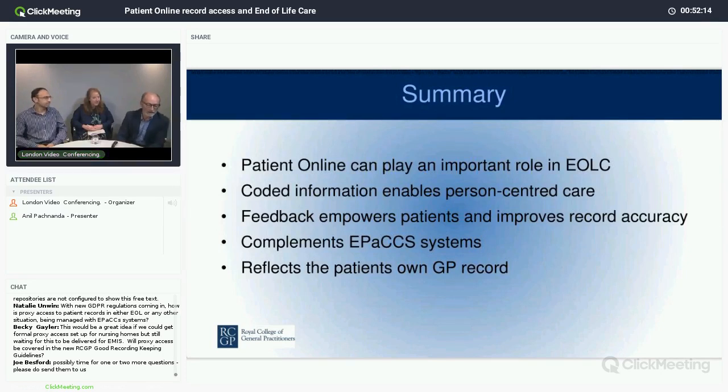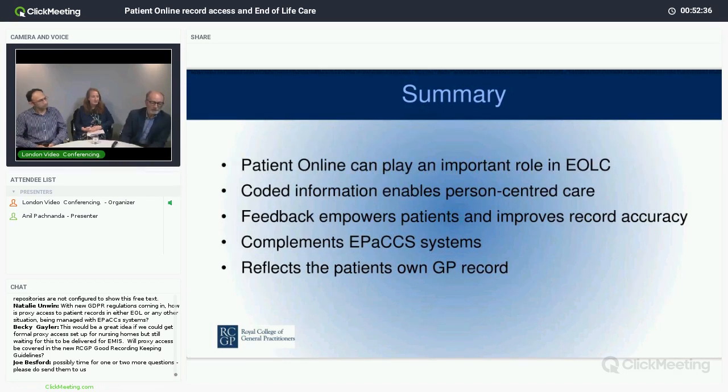Okay. And there's something about summary care record, which has got lost in this discussion about access to data and EPaCCS systems. The summary care record could host information from more than one source, the questioner says.